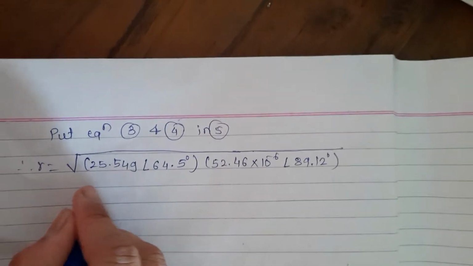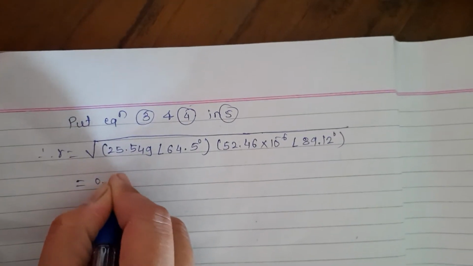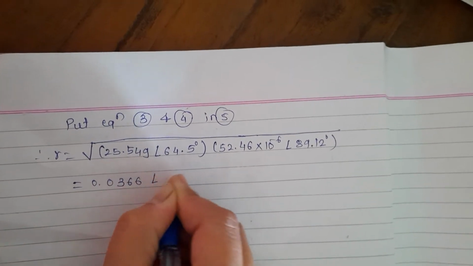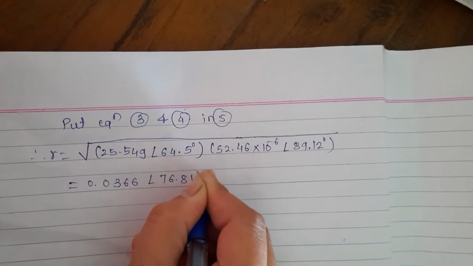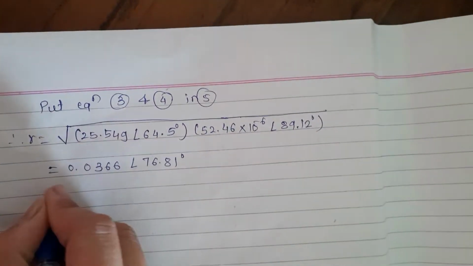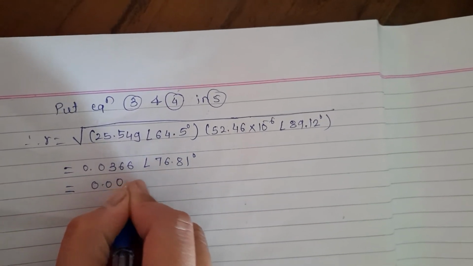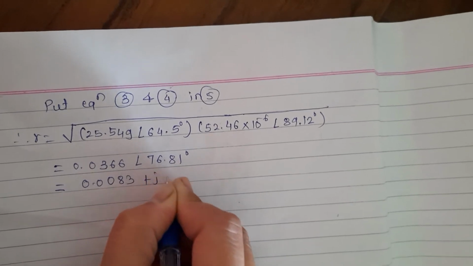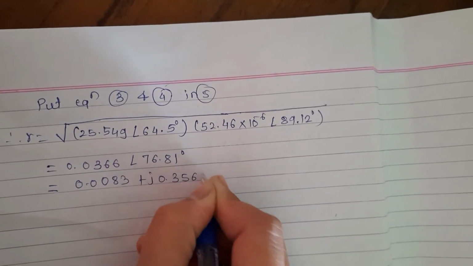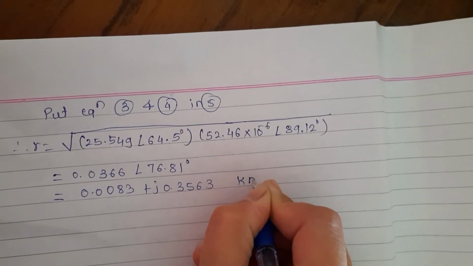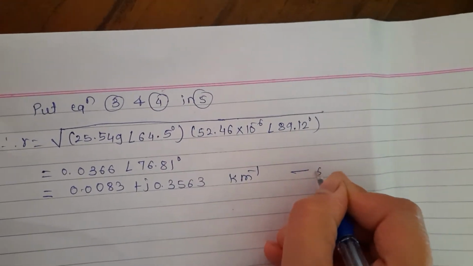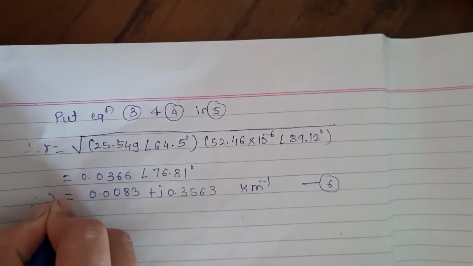So this value is 0.0366 angle 6.81 degree. In the complex form, that is 0.0083 plus j 0.035 per kilometer. So this is equation 6.